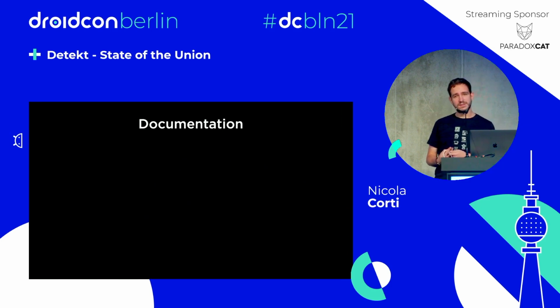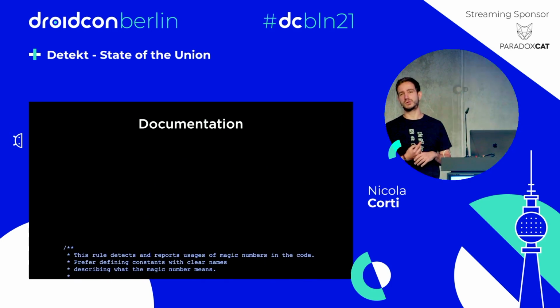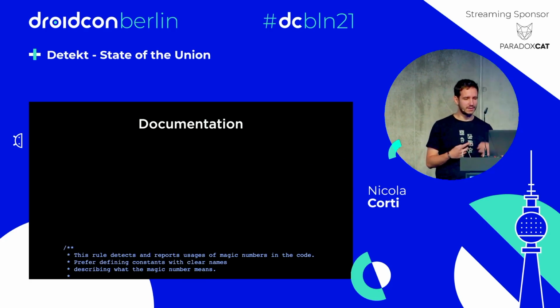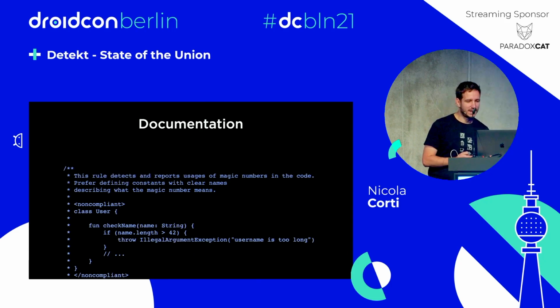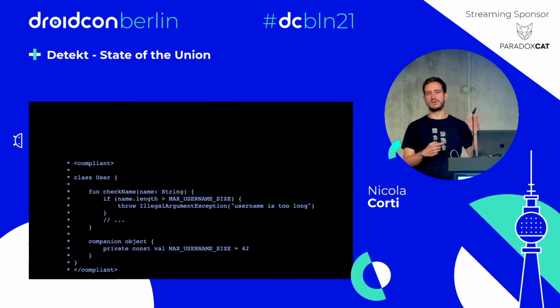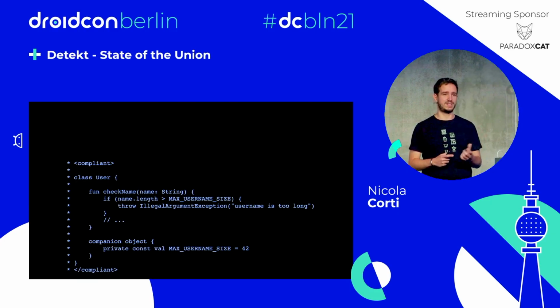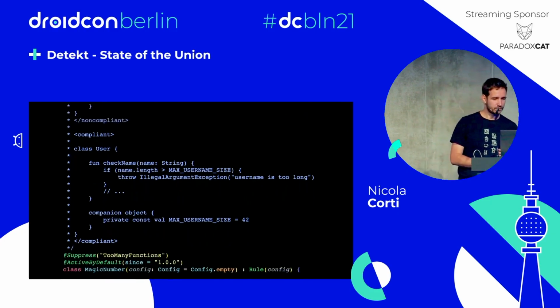All the rules that we have in Detekt are documented. So either you open the source code of the rule, and other than a small documentation, we always provide a non-compliant block and a compliant block, where we provide snippets to showcase, hey, this code is not great, you should replace it with this other code.